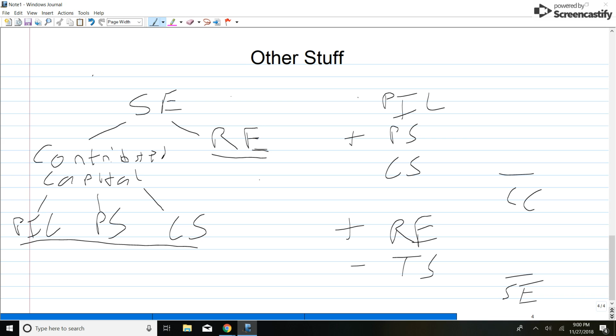So what we've learned before is that it's just common stock and retained earnings, but now we know it's contributed capital and retained earnings. It's a new wrinkle into something that we've known for a long time.